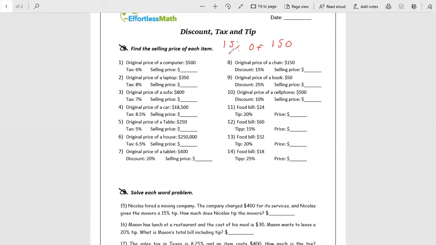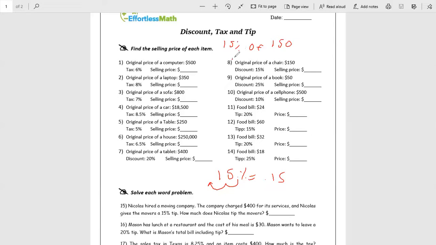So we move the decimal point 2 spaces to the left. So you have 15, and moving it 2 spaces to the left, you get 0.15. 15% equals 0.15.